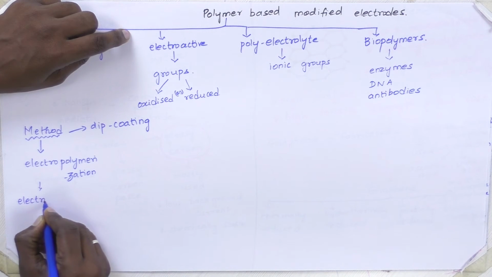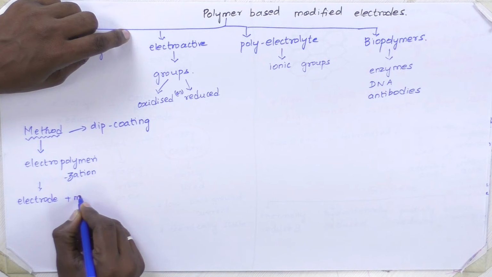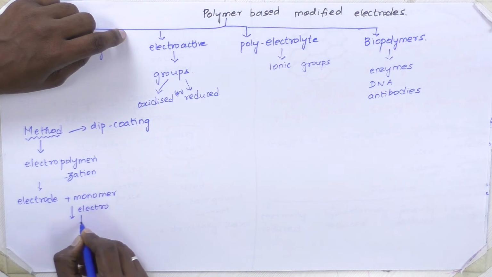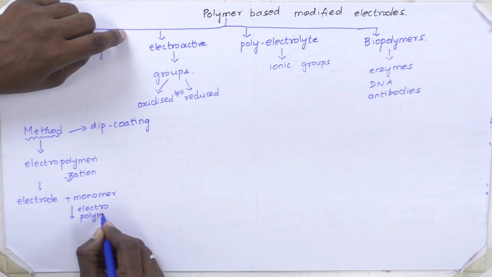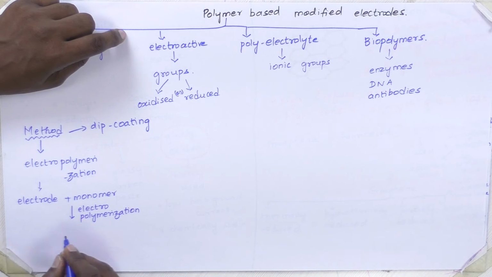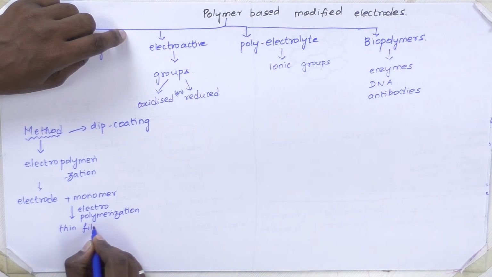In the case of electropolymerization, the electrode is reacted with monomer. On electropolymerization, the polymer is coated on the electrode surface as a thin film or thin coating.